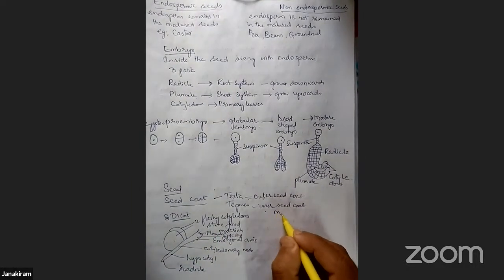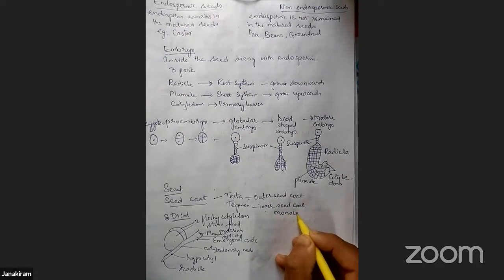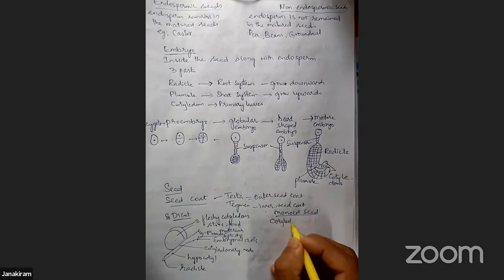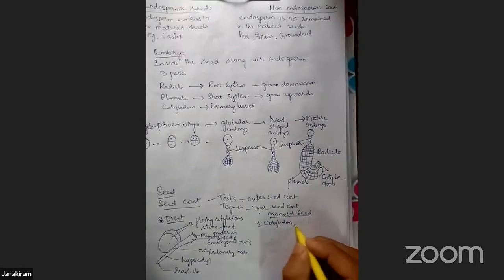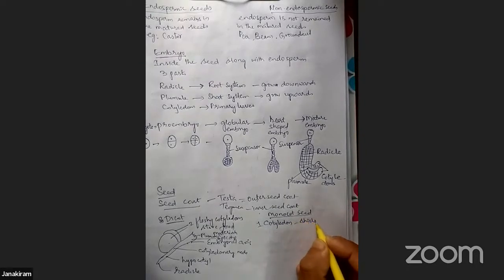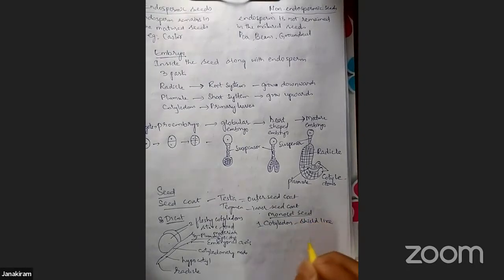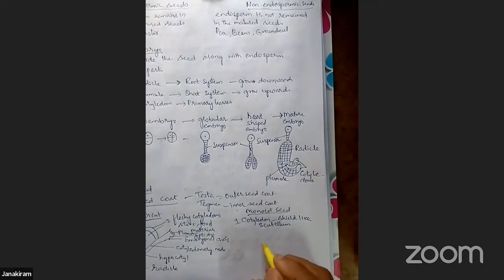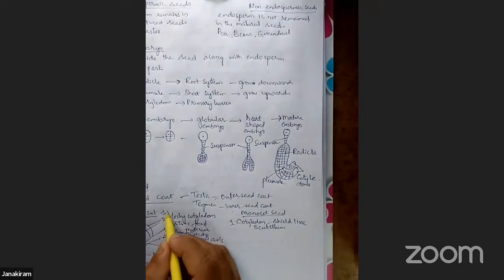Whereas in the monocot seed, only one cotyledon is present, and it is shield-like. That shield-like cotyledon is called the scutellum, and it does not store food materials, whereas in the dicot seed the cotyledons store the food materials.